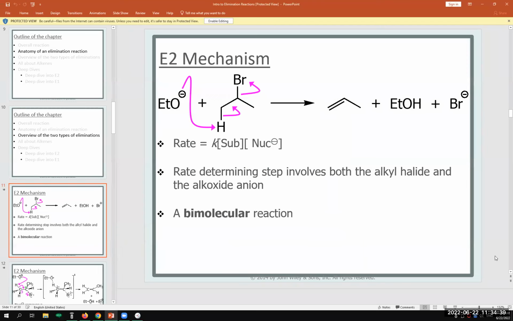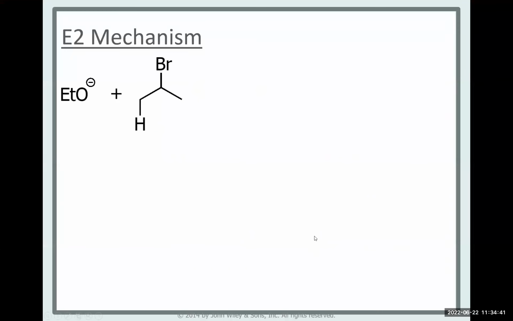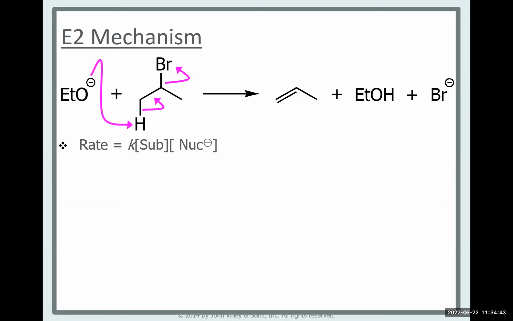So that's the overall mechanism of an E2 reaction. This is, again, a bimolecular reaction. So what happens if we double the concentration of the nucleophile? You double the rate of the reaction. What happens if you double both the nucleophile and the substrate? You quadruple the rate of the reaction.